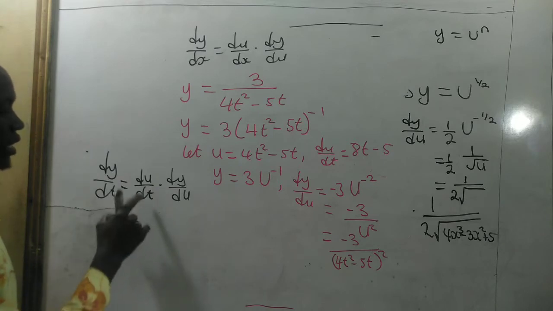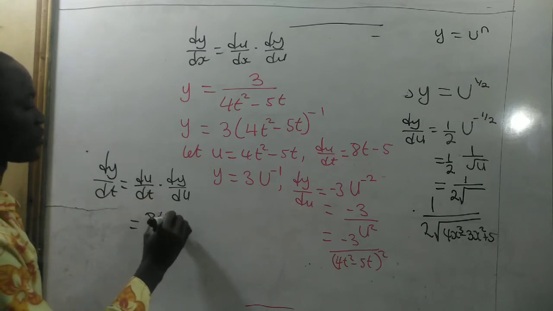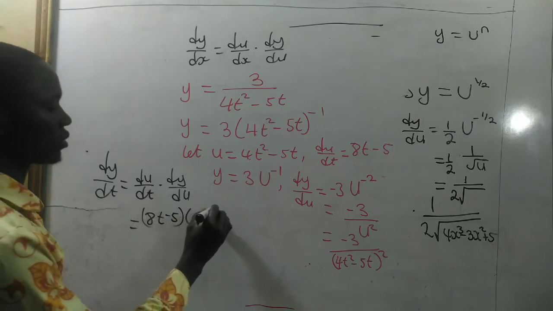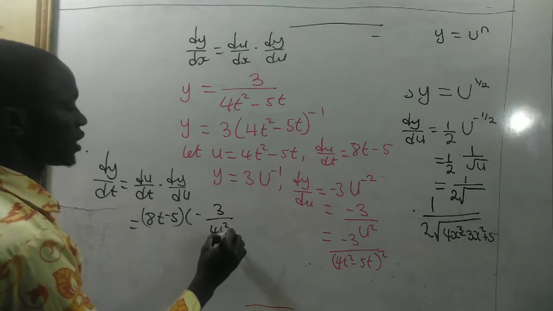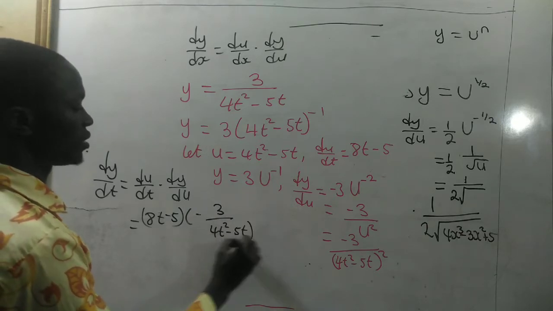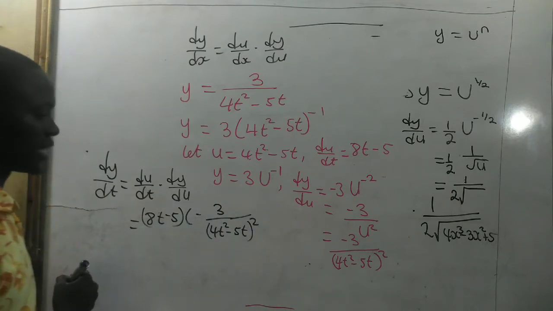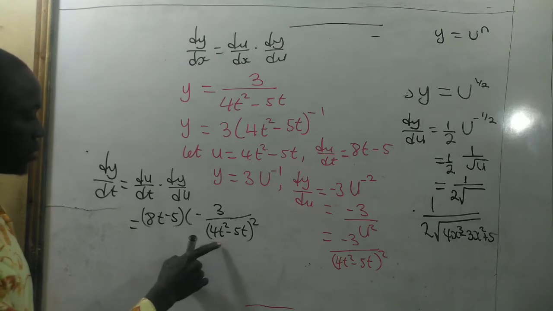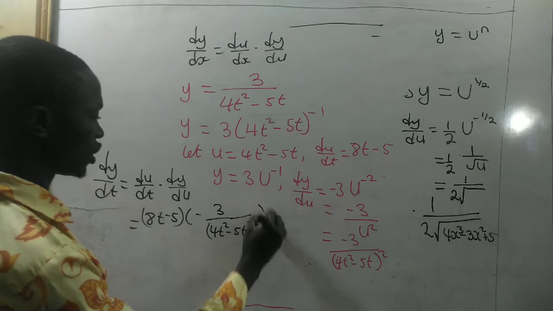So this will give us du on dt is 8t minus 5 times dy on du is minus 3 divided by (4t squared minus 5t) all squared. Very simple. And here, can we do some factorization? No, we can't do anything. So we just do the multiplication.